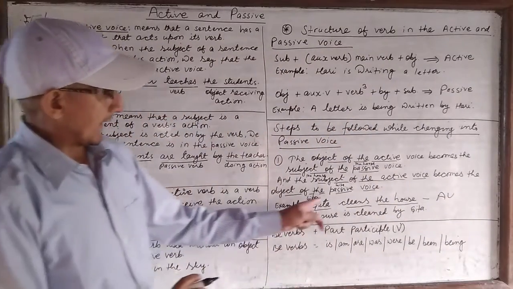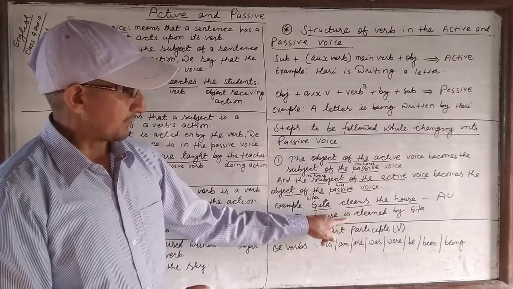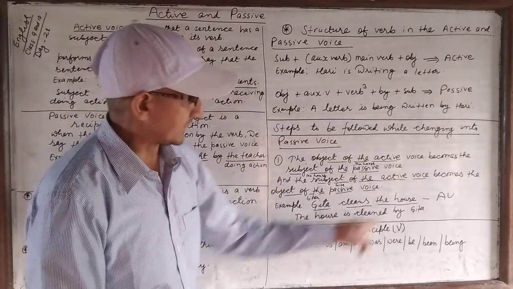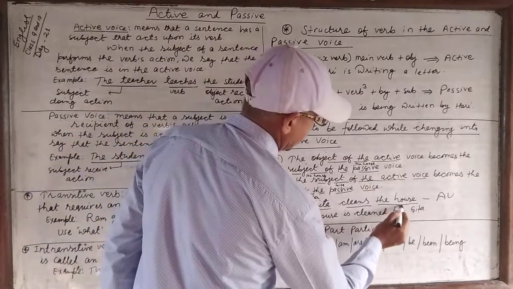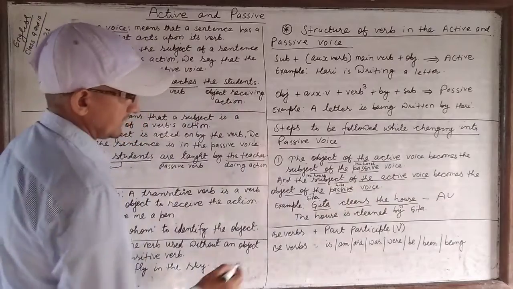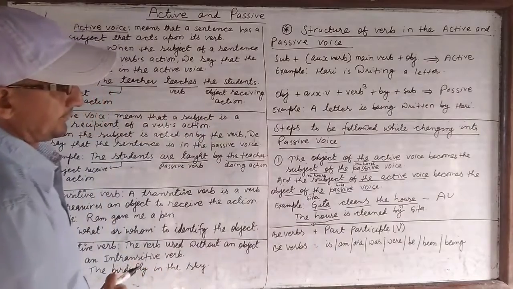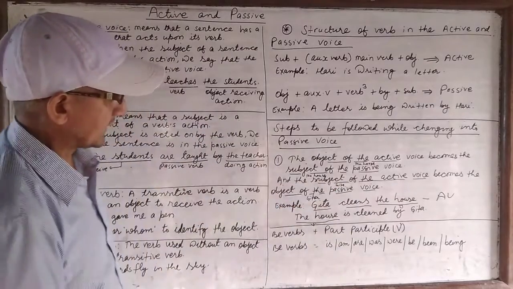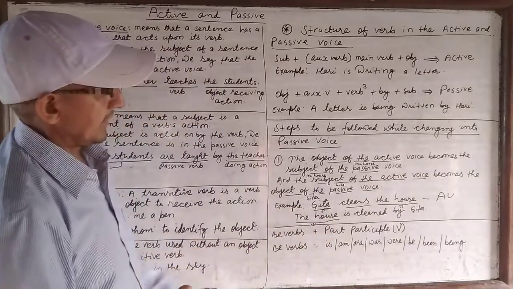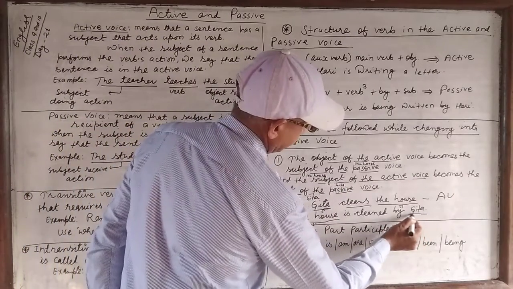And while changing this sentence into a passive sentence, the object of the active voice, the house, becomes the subject of the passive voice. And the subject of the active voice, Gita, becomes the object of the passive voice.